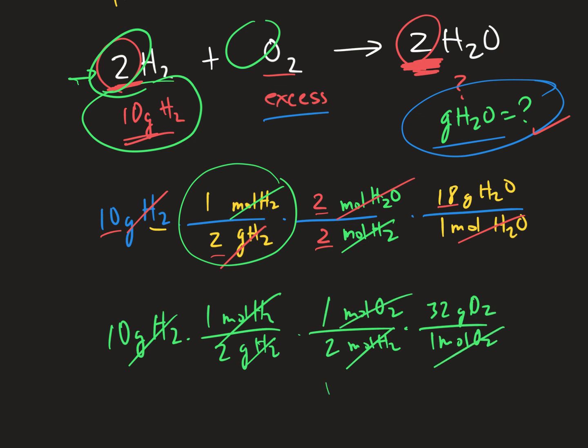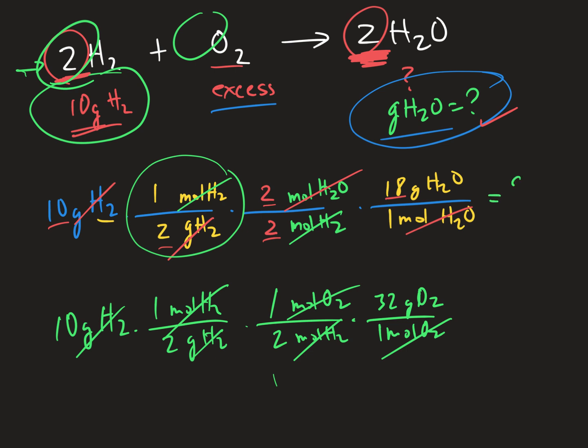And so we can figure out what we got here. If we figure out this top one, it should get us 90 grams of water. And what if we figure out how much oxygen we need? 10 divided by 2 is 5. Divided by 2 is 2.5, times 32 is, I don't know how to do that in my head.